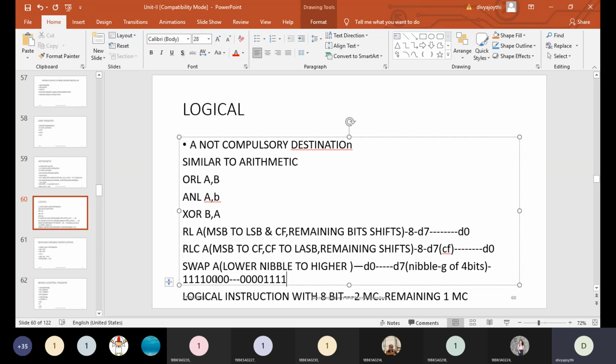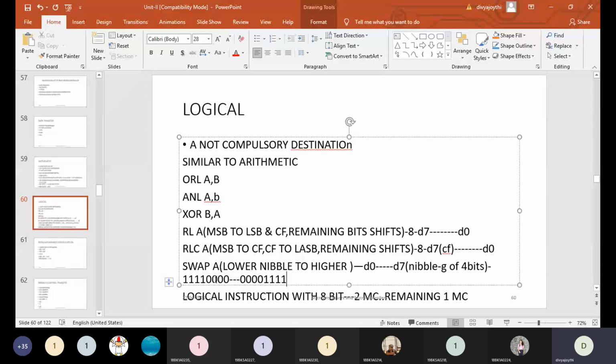The last point about the logical instructions is that whenever you are performing logical operations with 8 bits of data, the controller requires 2 machine cycles to execute them. And if you are working with less than 8 bits of data, the controller will take only 1 machine cycle.